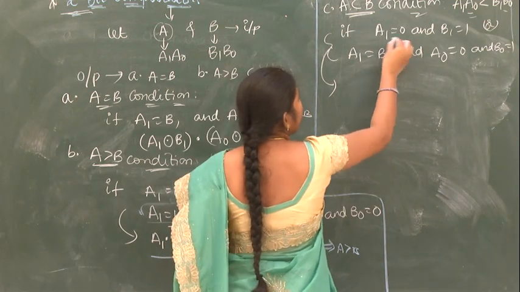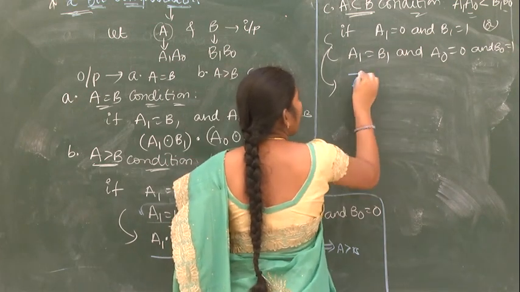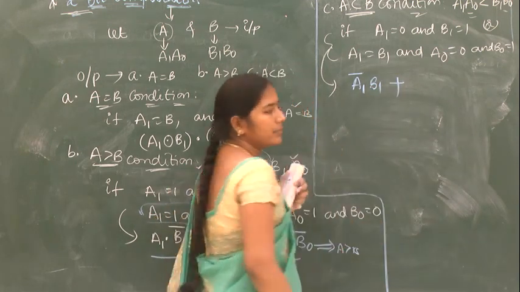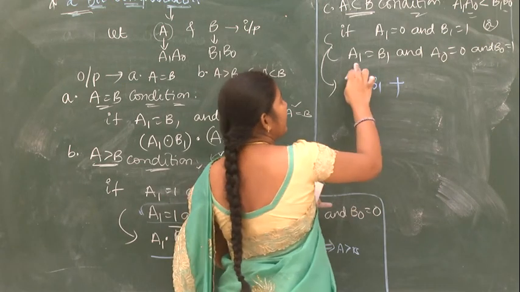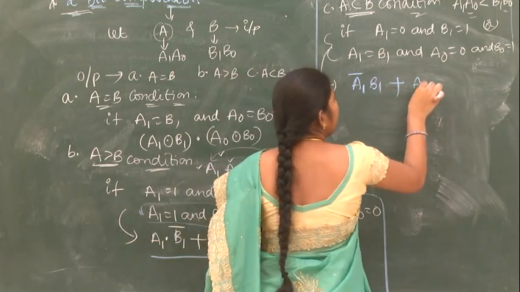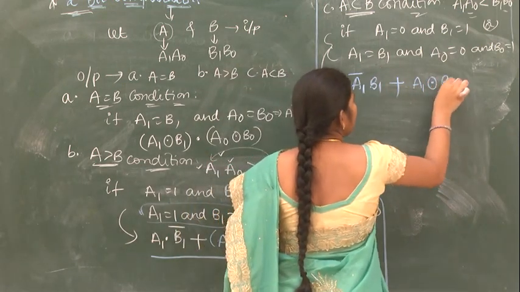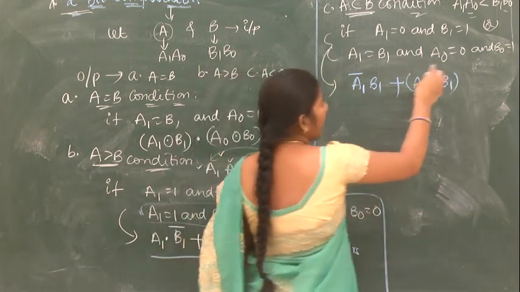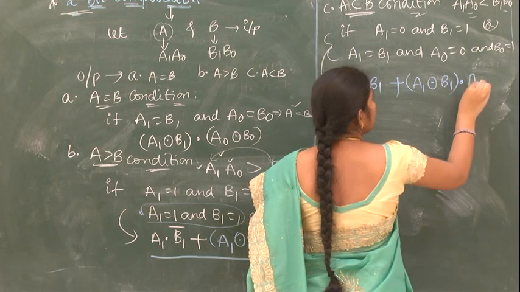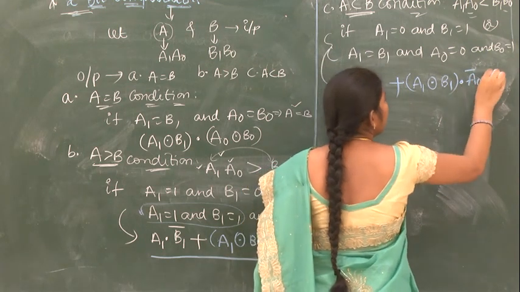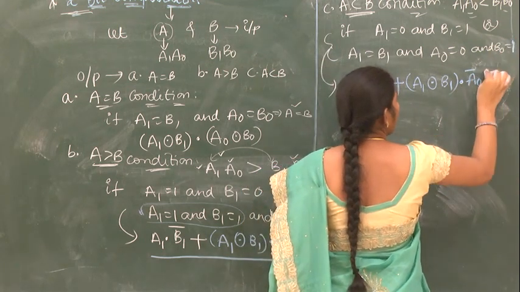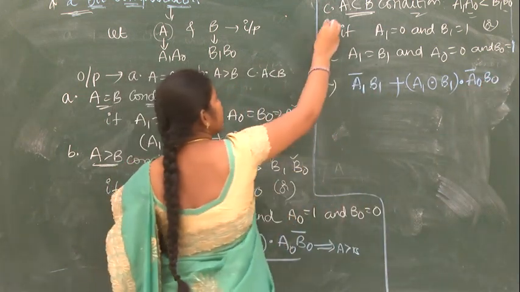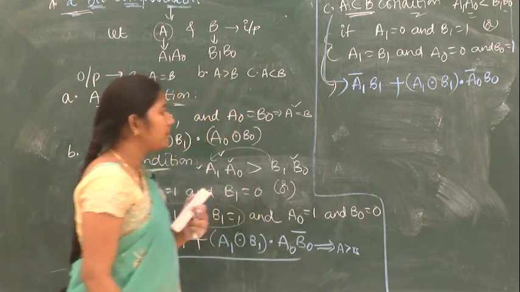So I can write A1 bar B1, or, with OR, A1 equal to B1 is nothing but A1 exclusive NOR with B1, right? And A0 is 0, so A0 bar, B0 is 1, so B0. This is the logic expression for A less than B.